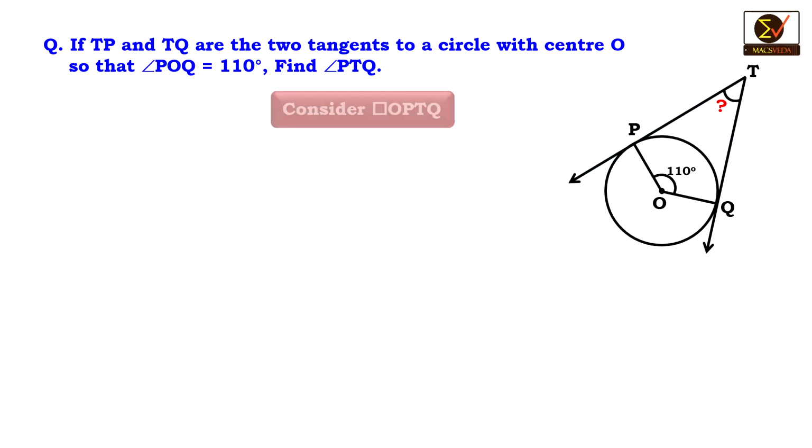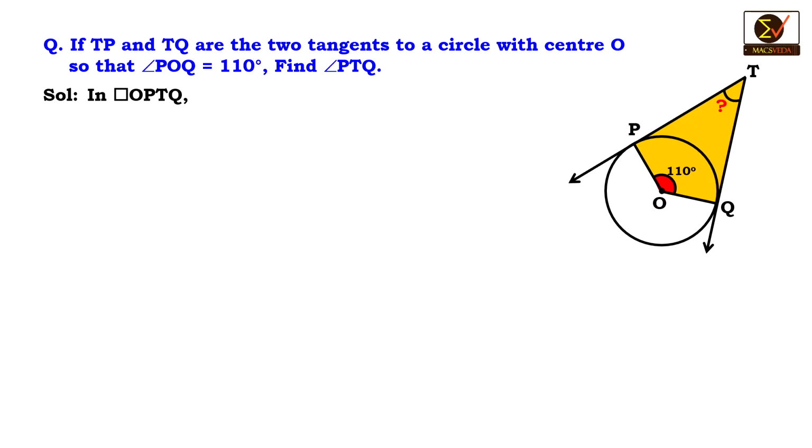Now consider this quadrilateral OPTQ. It is not a rectangle, it is a quadrilateral. In this quadrilateral, we know angle POQ is 110 degrees. Now OP is perpendicular to the tangent line because radius is perpendicular to the tangent.